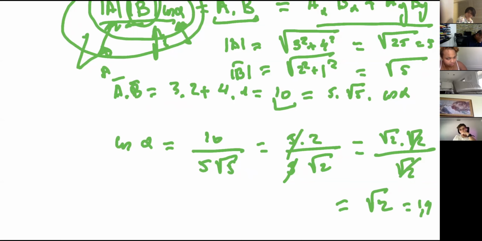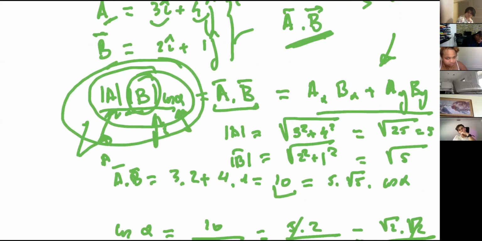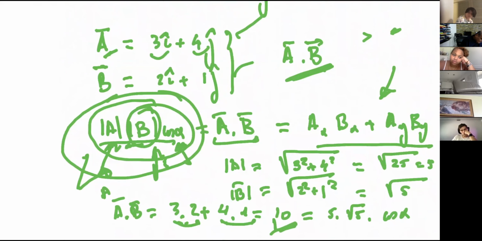So let's review. The dot product is 3 by 2, 4 by 1. 3 by 2 is 6, correct. The magnitude of A is the square root of 3 squared plus 4 squared, 9 plus 16, 25, square root of 25 is 5, correct. Then the magnitude of A by the magnitude of B. The magnitude of B is 2 squared, which is 4, plus 1, the square root of 5.